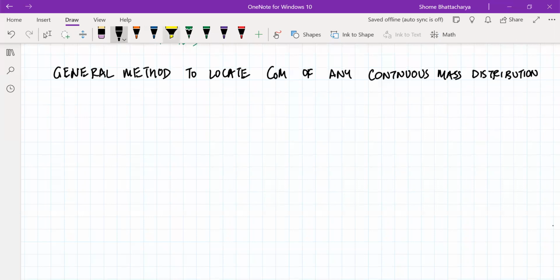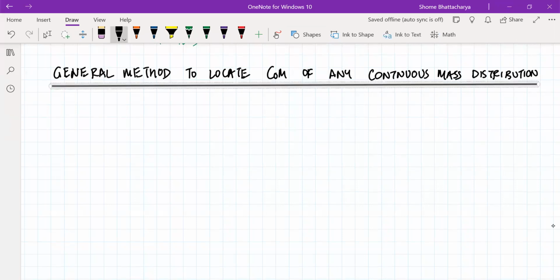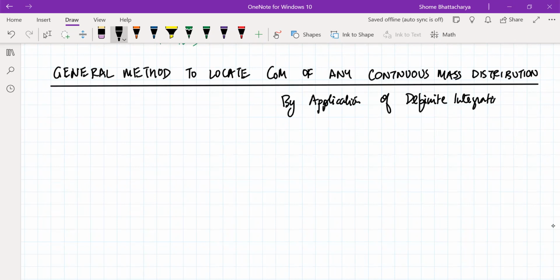This we will see is an application of definite integration. This is something which will be an important part of this chapter.